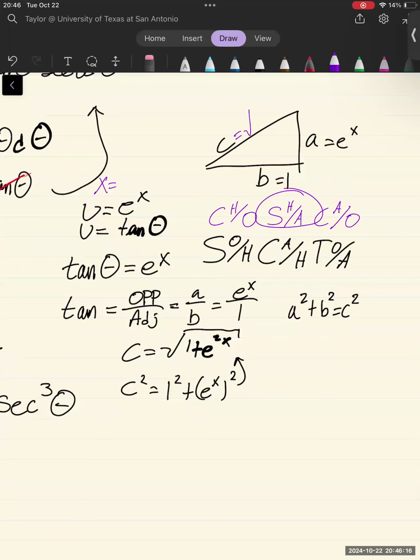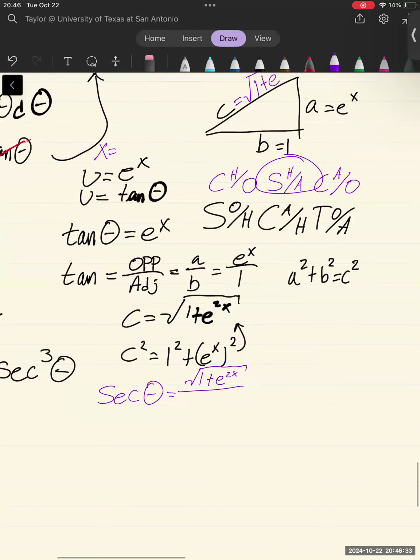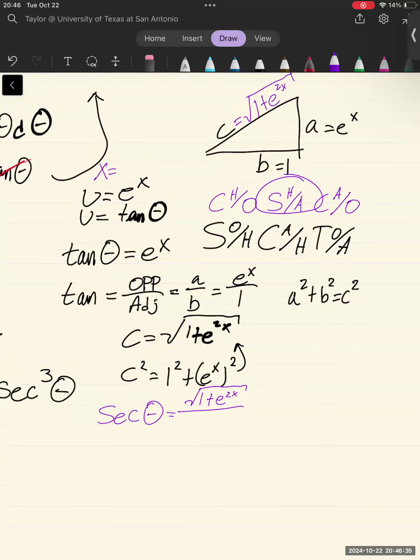This equals the square root of 1 plus e to the 2x. And so what I'm going to do is write secant theta equals square root 1 plus e to the 2x over my adjacent, which is b, right here, is 1. So then secant theta equals the square root of 1 plus e to the 2x.